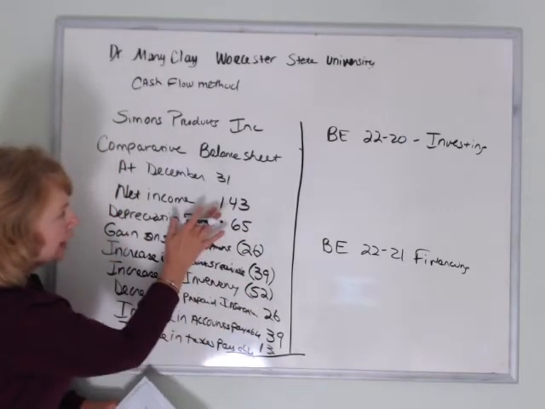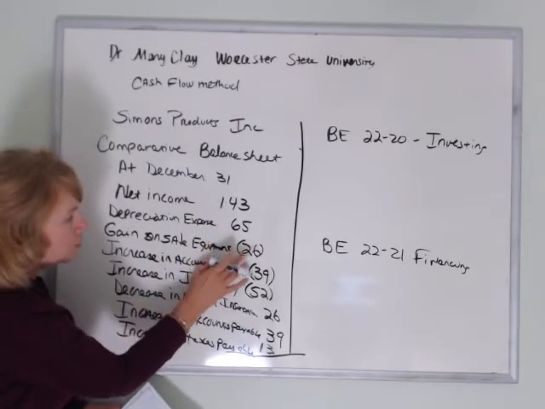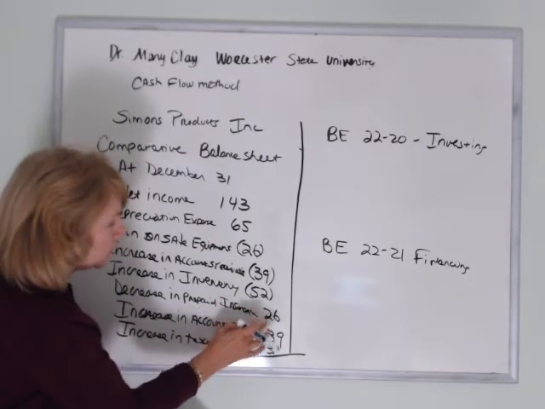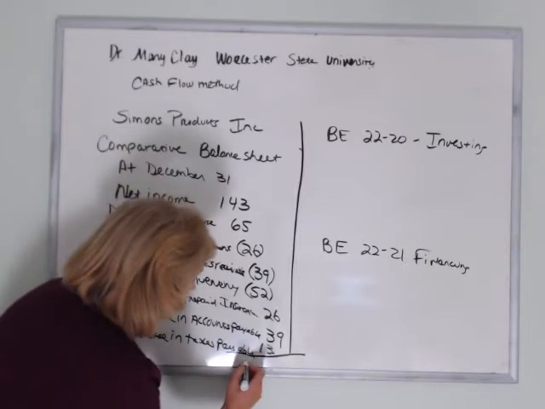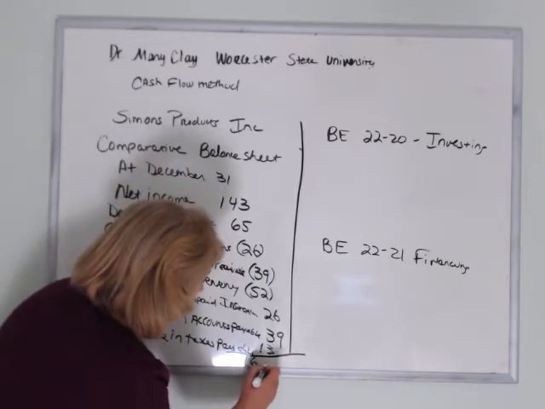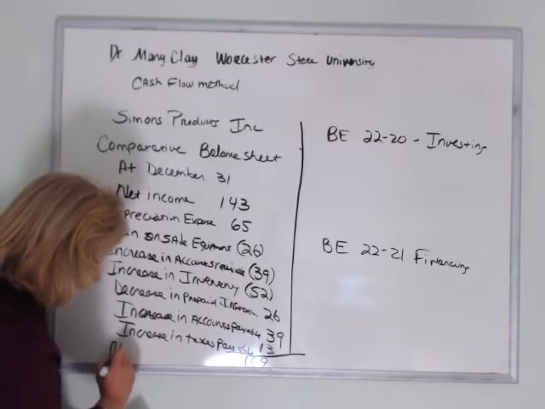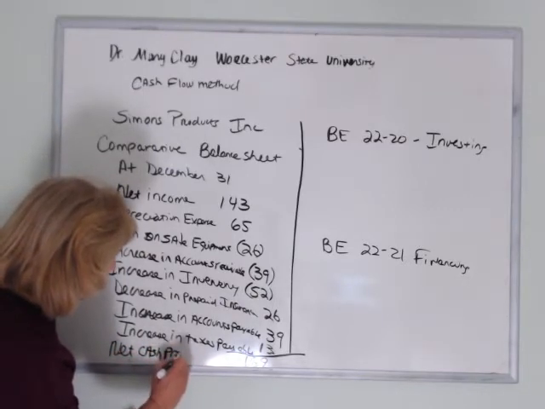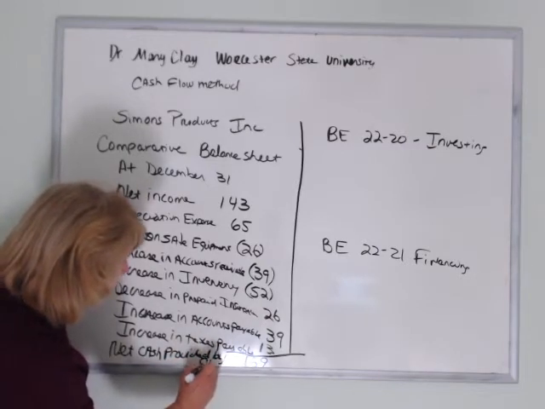So, you'd start with 143 plus 65 minus 26 minus 39 minus 52 plus 26 plus 39 plus 13. So your final answer is 169. This is called net cash provided by operations.